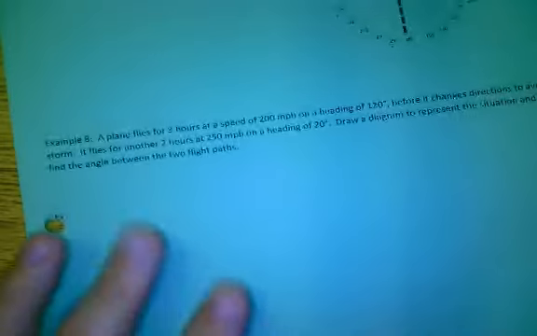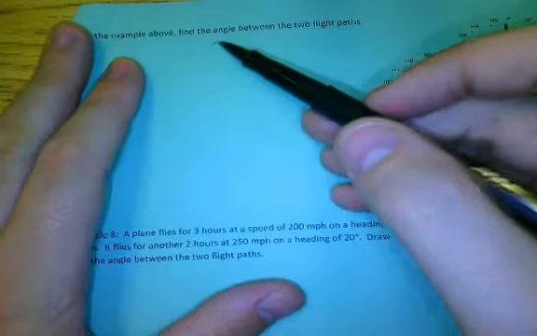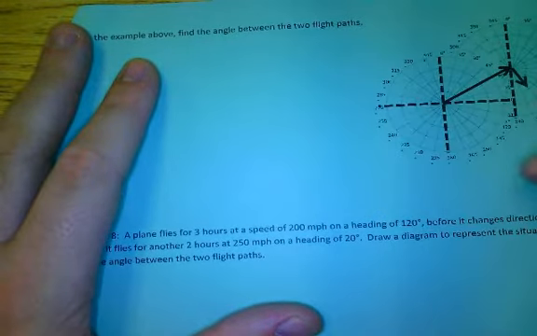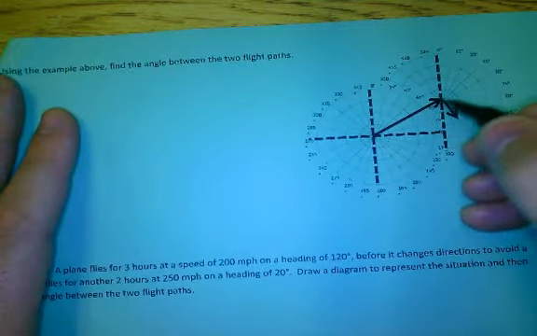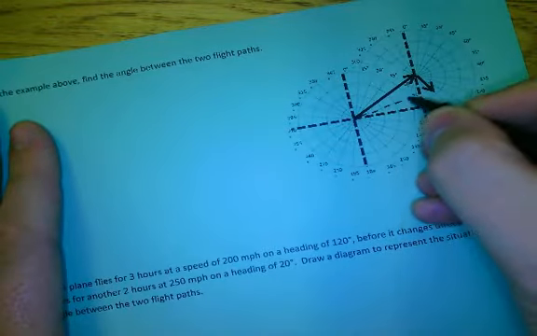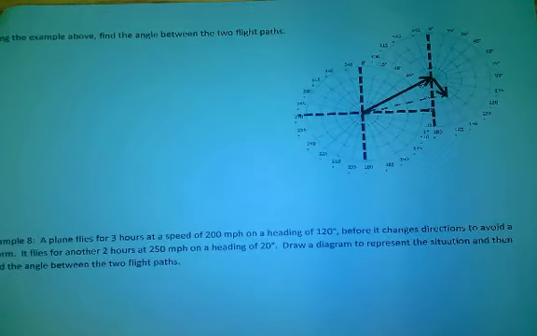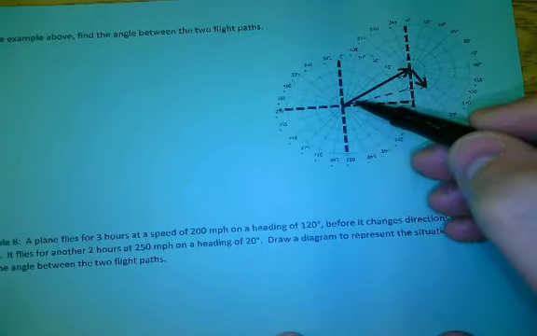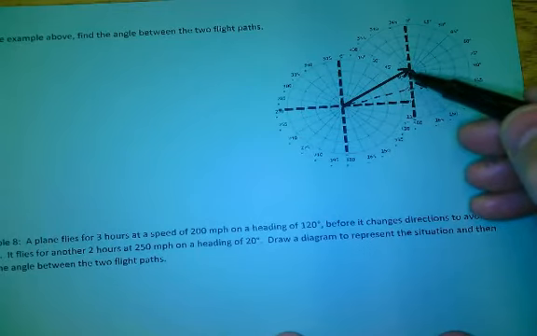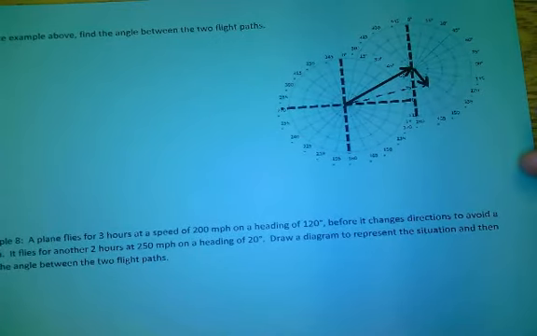So now we're going to go ahead and do our own problem. So using an example, it's finding the angle between the flight paths. So it's going to be looking for this angle right here. So again, we're going to draw my resultant. So let's deal with what I do know. So I need to find this angle right here. Any ideas?